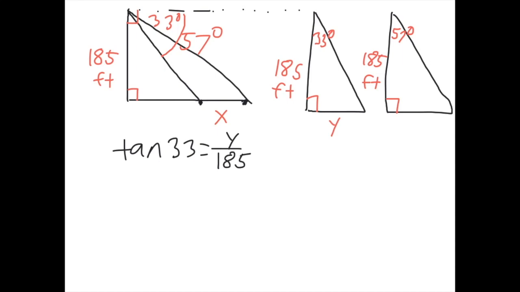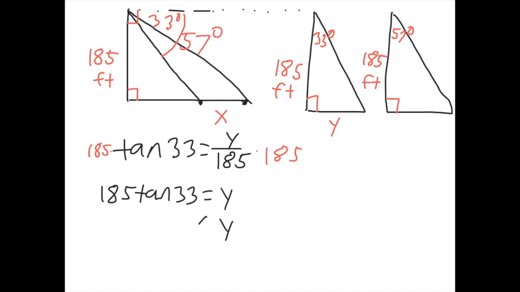Multiply both sides by 185, and that'll give us 185 times the tangent of 33 equals y. So y equals about, and let's round to 4 decimal places to be safe, 120.1404.